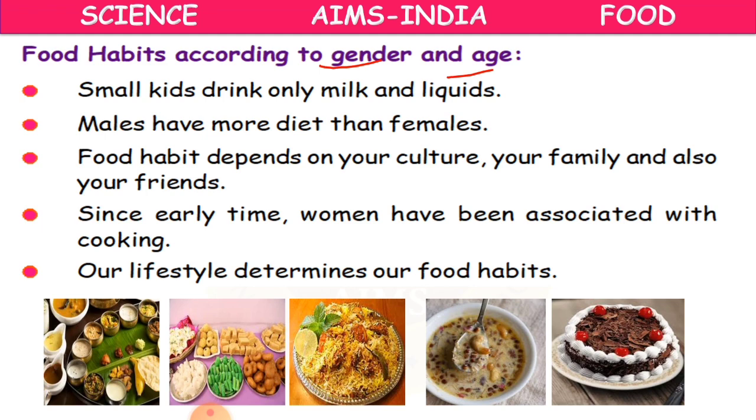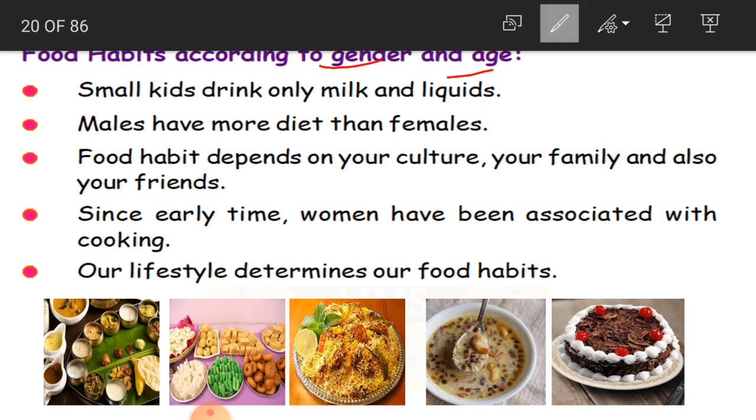Okay, children, let us see how it is. Small kids drink only milk and liquids. Very small kids, that is babies, until 1 year, 1.5 years maximum, cannot eat properly, so they just drink liquids, milk and liquids.